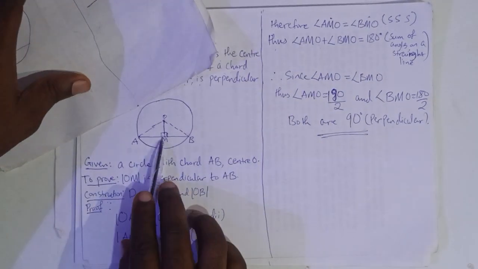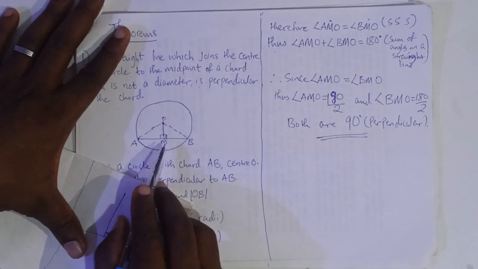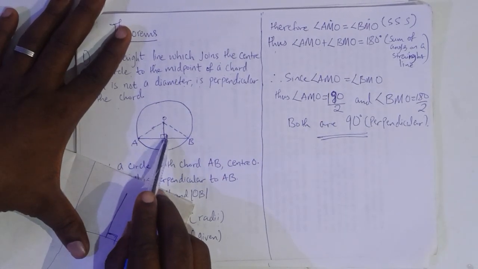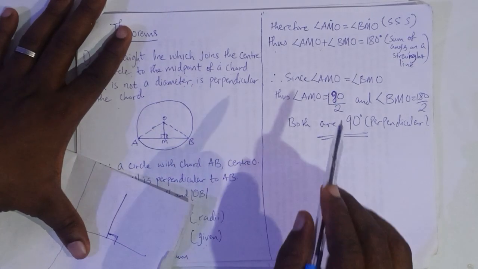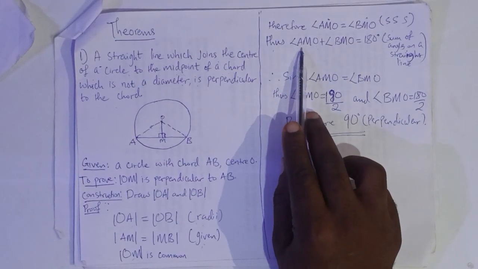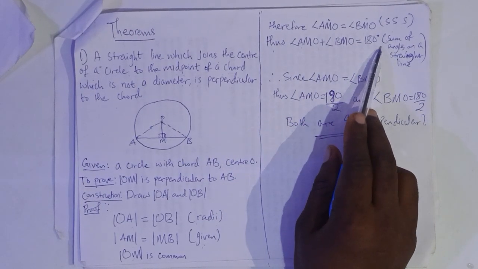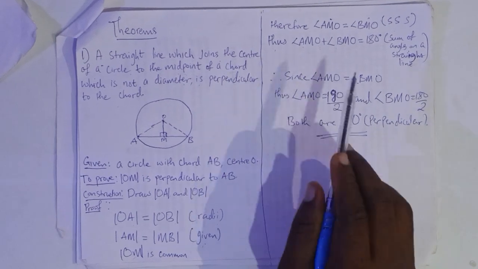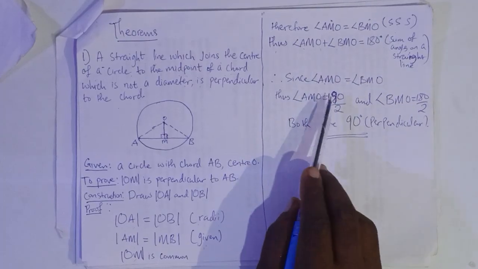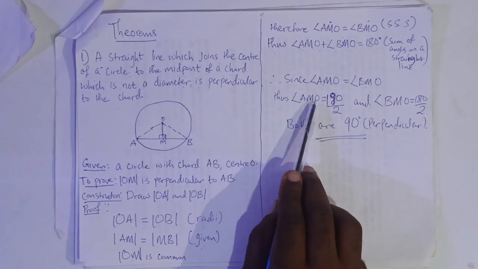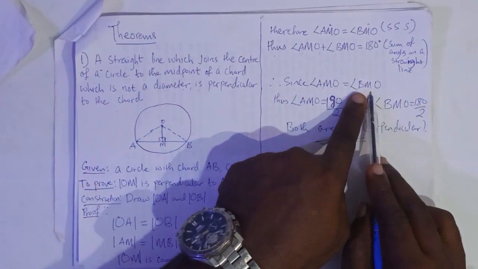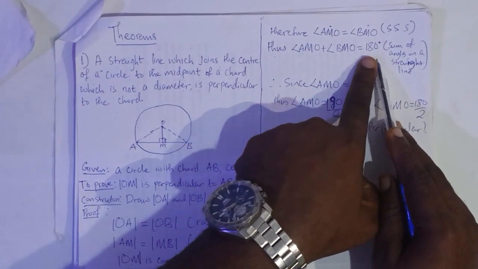Now, in the case of this very one, since you have proven that this angle is the same with this angle, another step is, what if I decided to total them together? I must get 180 degrees. Now, since I have shown here that angle AMO plus angle BMO is 180 degrees, and this is equal to this, that means that angle AMO is half of 180 degrees and angle BMO is half of 180 degrees.